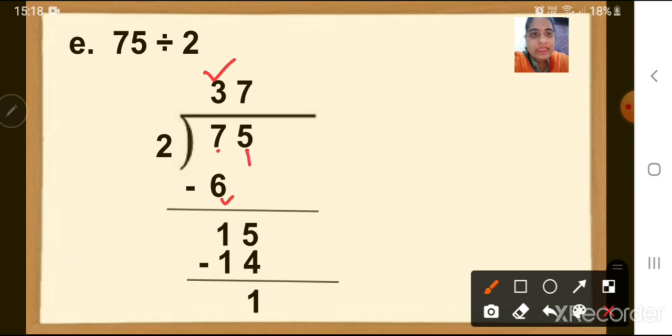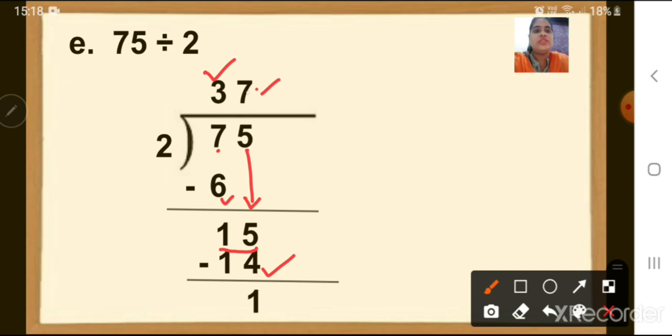After that, the next number will come down, which is number 5. Now here it will become 15, because here we have got the 1 also. Now we have to see in 2's table whether 15 will go or not. It will not go. But we have a nearby number, which is 2 7s are 14.